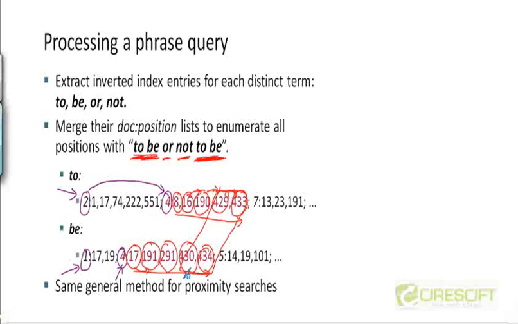And we follow a similar method for proximity searches as well. For proximity searches, the difference between the 2 pointers is not going to be 1, it's going to be k in general. And in fact, it could be k either way.